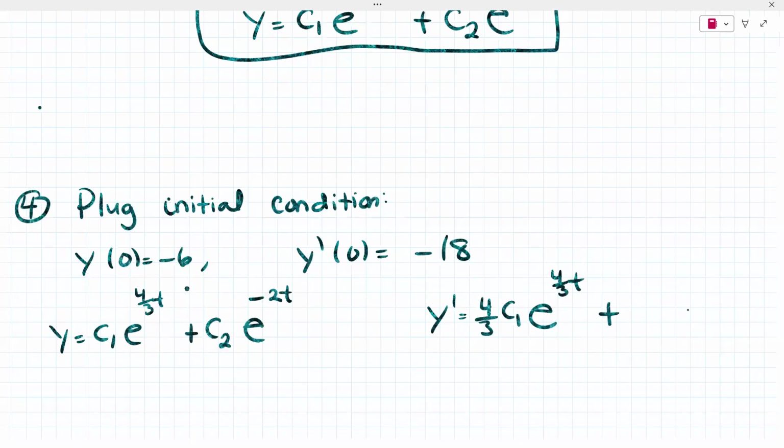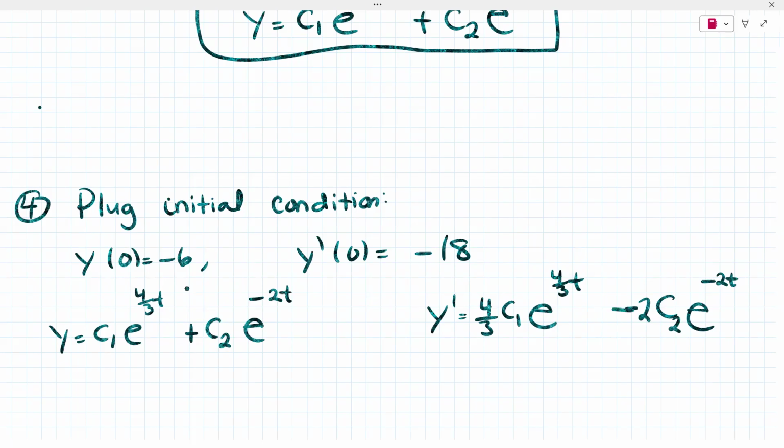It's going to be e to the -2t. And then you take the derivative of the power. What's the derivative of -2t? -2. And then C2 is a constant. If you want, you can just get rid of this plus and turn it into a minus.